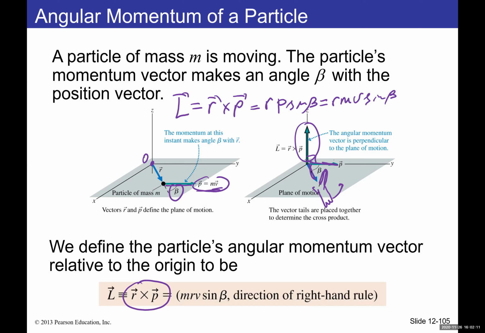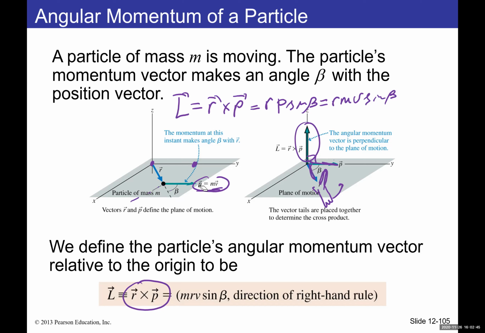That means you have a particle with mass m moving with some velocity, and you can calculate this angular momentum relative to some reference point. The angular momentum can change if I change my reference position. For example, if I'm doing it with respect to this point, then my r becomes this one over here. So my angular momentum can change. But as long as there's a non-zero beta between them, I can still calculate angular momentum.